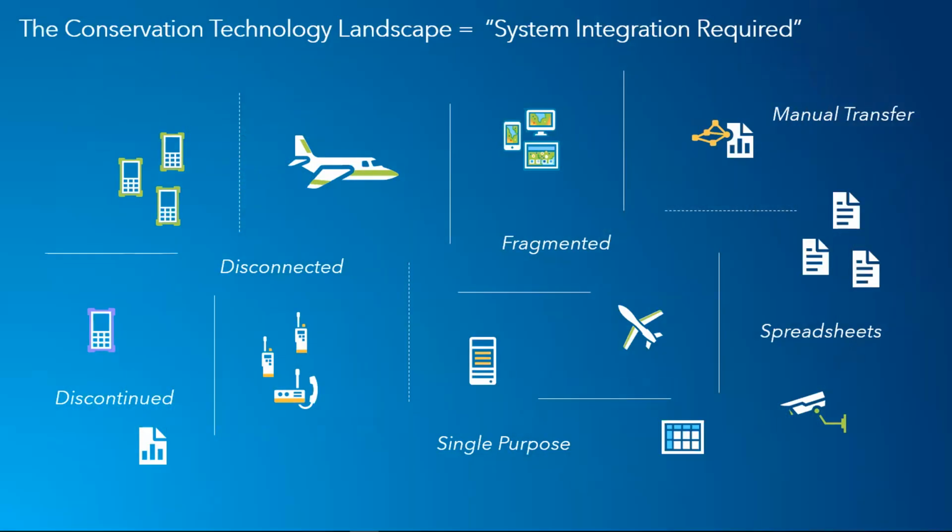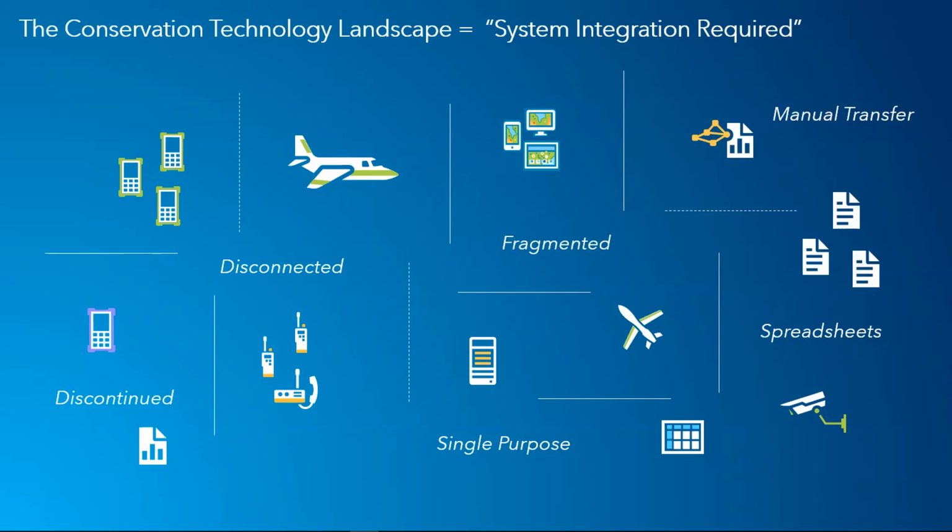So when we actually look at the conservation technology landscape, what you will see is that it's been around for 30 years, and it's actually created out of lots of different components, which are very often disconnected, fragmented, and require manual transfer of data. There's a lot of things like spreadsheets, applications for single purposes, and things are very often disconnected.